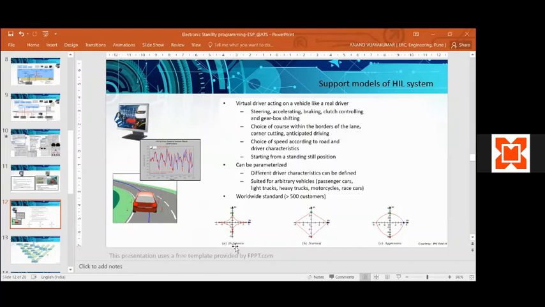As of now, the three major categories are defensive drivers, normal driver, and aggressive driver. This is a typical pattern derived by IPG from the inputs of 500 customers and their way of driving. So from that the characteristics are defined.